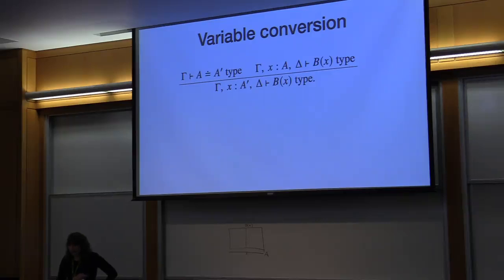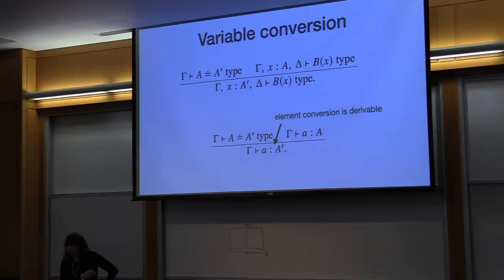Now, this is a conversion in the variable, so in the context. What we can also do is have element conversion, okay? And what element conversion means is that if I have a judgment that little a is of type big A, and big A is judgmentally equal to big A prime, then little a is of type big A prime.